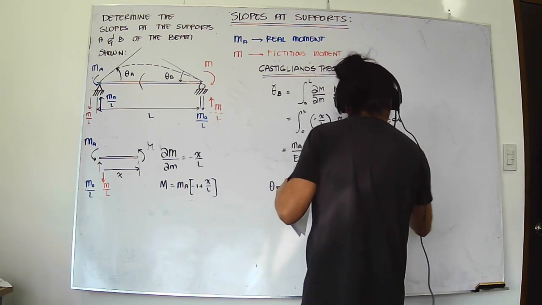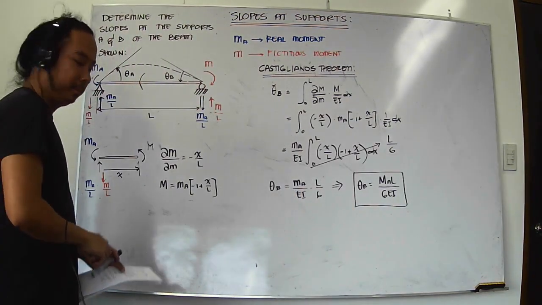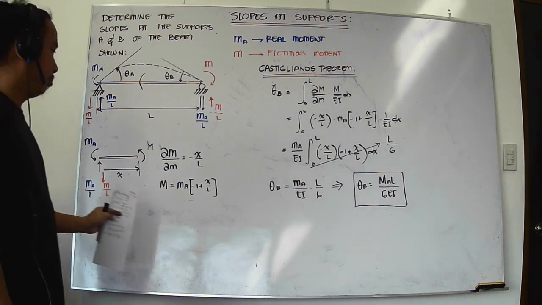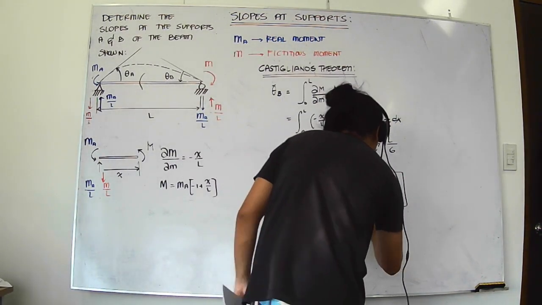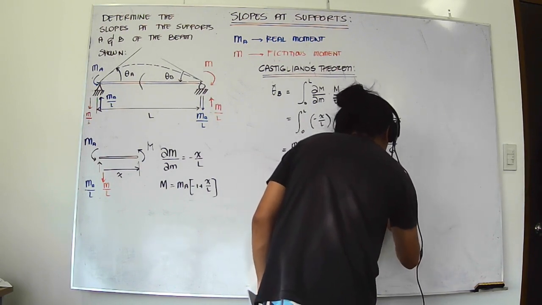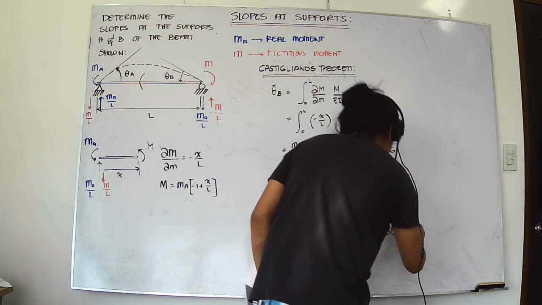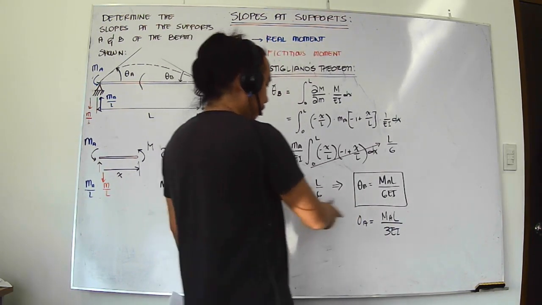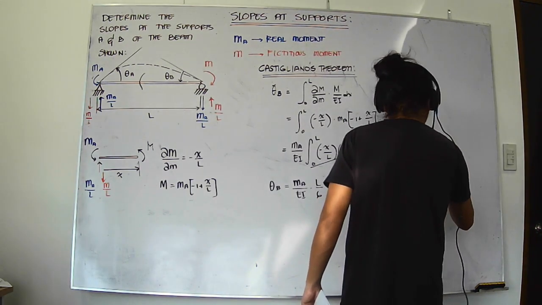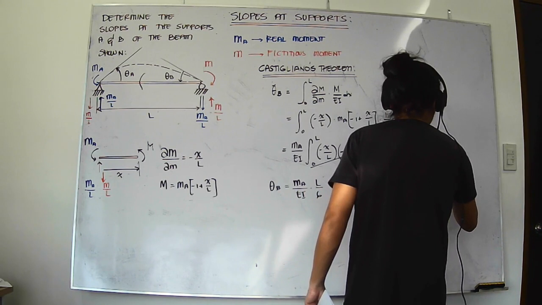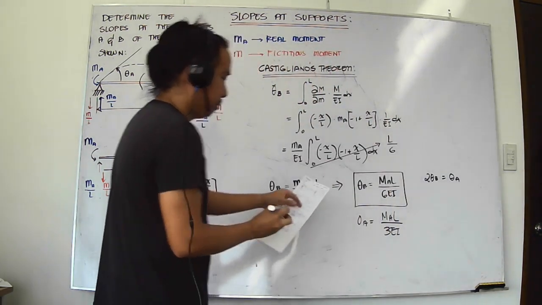Okay? In other words, if theta A is 3, then 2 theta B is equal to theta A.